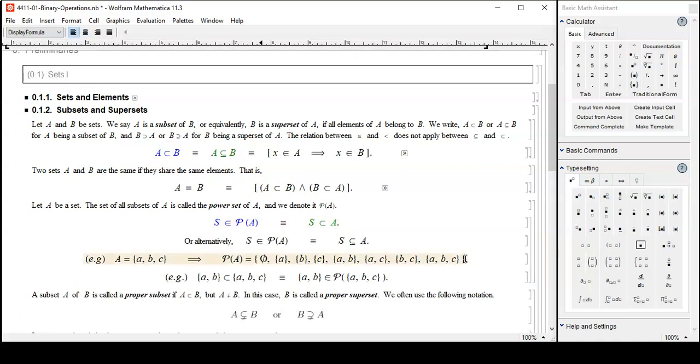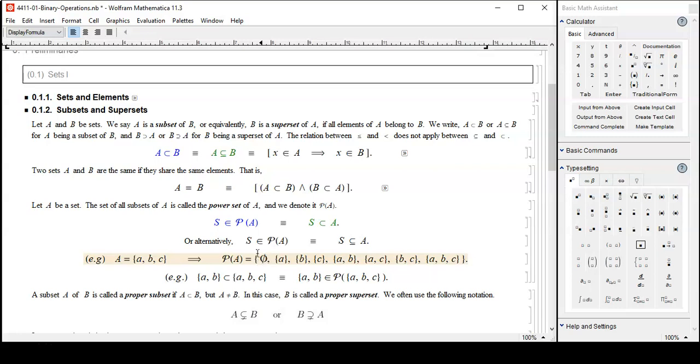Here's an example of a power set. It turns out if the original set has n elements, the power set has 2 to the n elements. The reason? Each element has two options: to be included or not to be included, to be or not to be. So multiply all those, then you get 2 to the nth power.